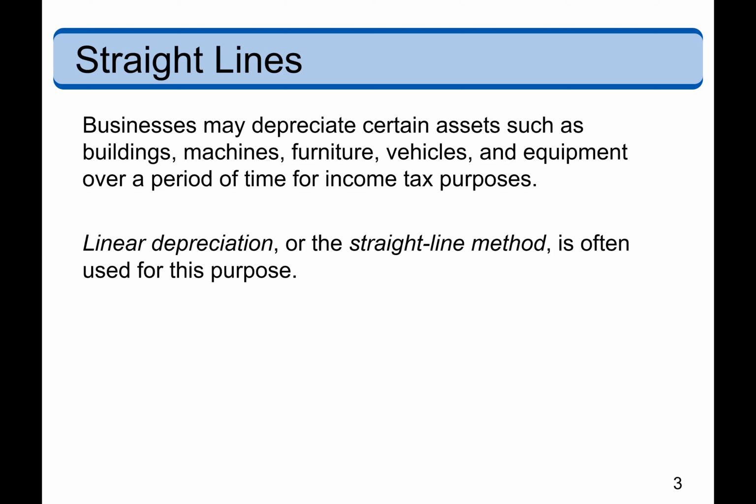If you run a business, you usually would purchase assets like buildings, machines, furniture, vehicles, and equipment, over a period for income tax purposes. And since you purchase these assets, you could depreciate them. One of the important terms is called linear depreciation, or another way of saying that is straight line depreciation, the straight line method.